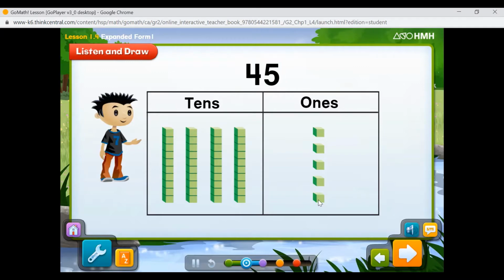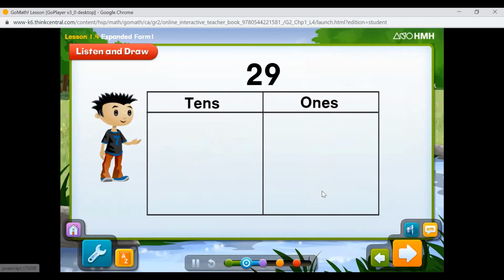You can model 45 with 4 tens blocks and 5 ones blocks. Suppose Emmanuel put 29 stickers on another paper. How can you model 29 with blocks?